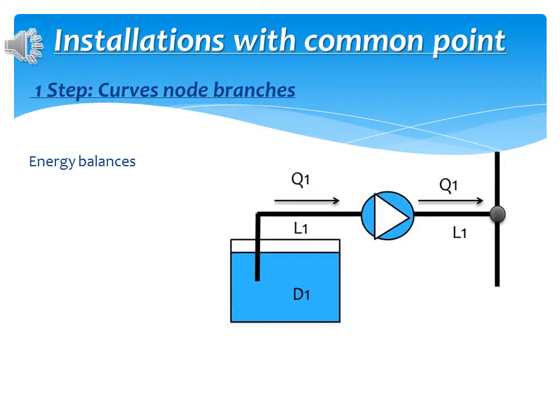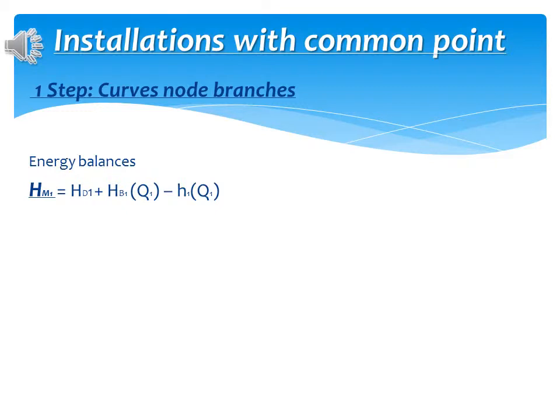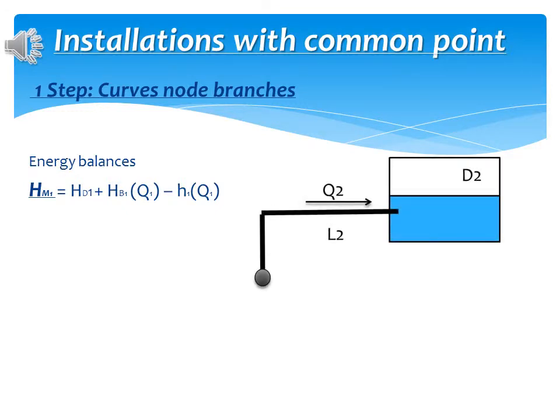The first part would be from tank 1 through the pump to the node. Using the energy balance, the height of the node is equal to the height provided by the tank plus the pump less losses. A second part will be from the node to tank 2. Applying the energy balance, the height of the node is equal to the height provided by tank 2 plus losses.